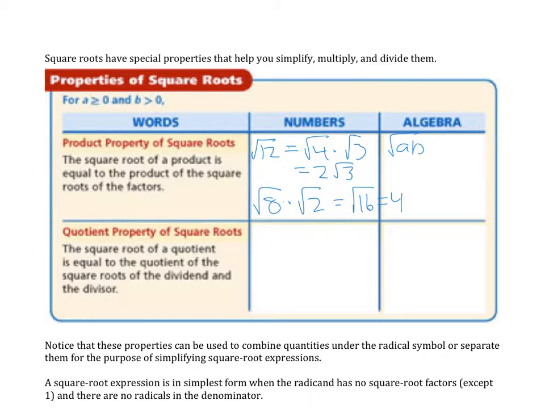So algebraically, square root of a times b equals square root of a times square root of b, or we could do the other way around.